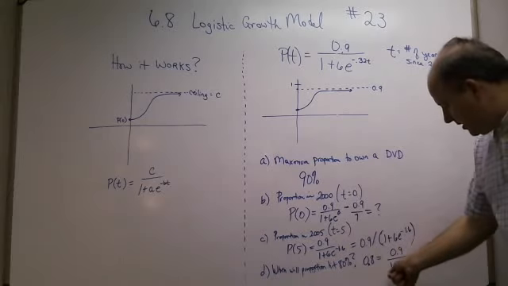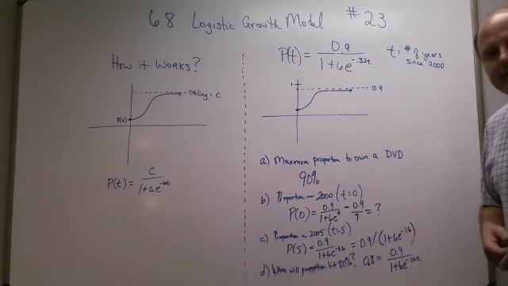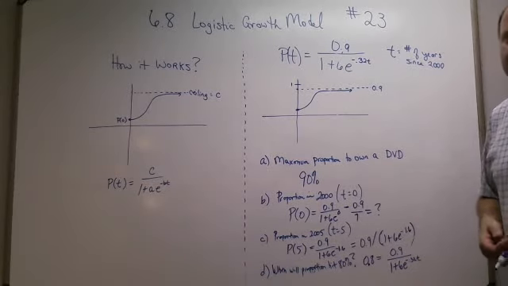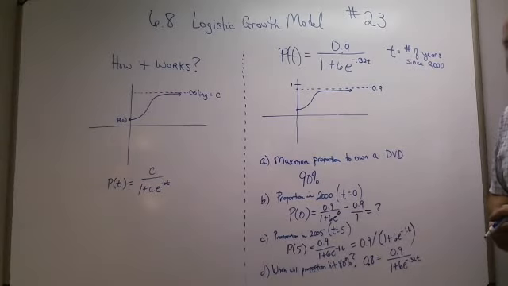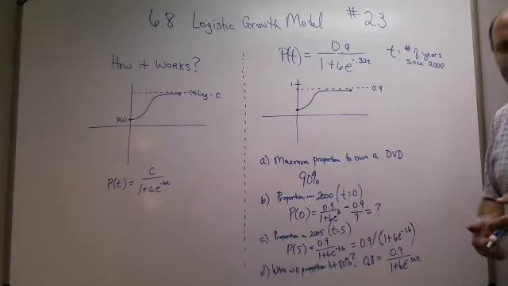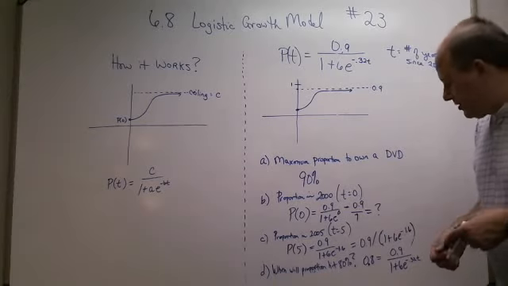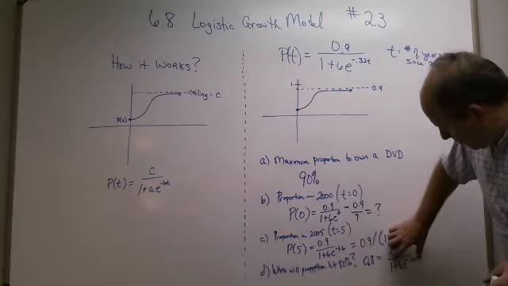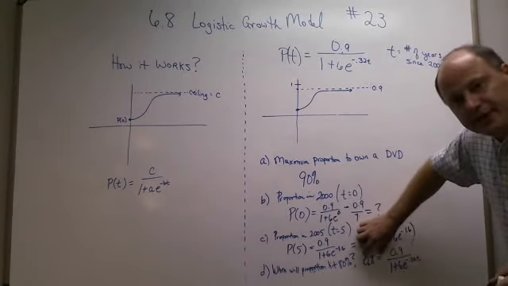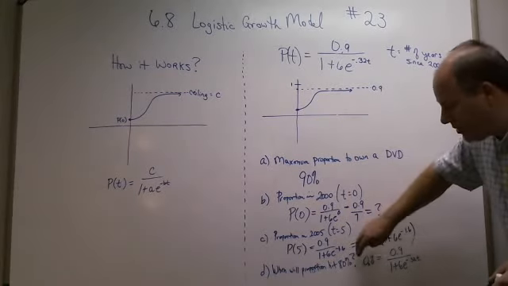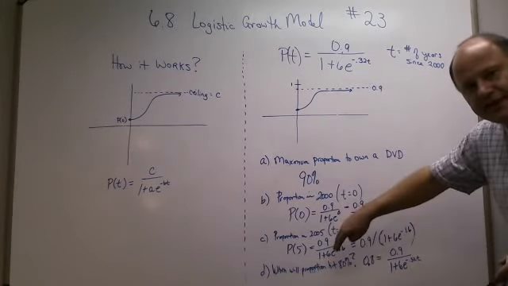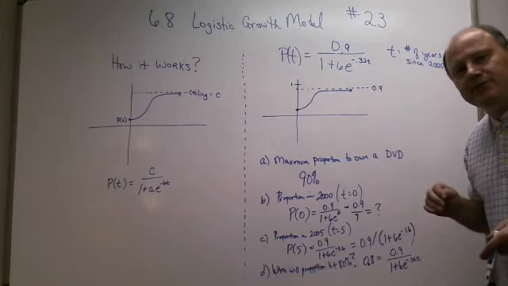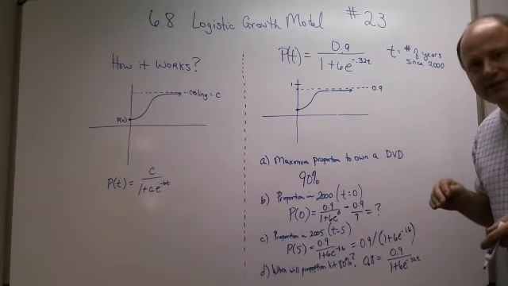Now in this problem, the calculations are a little harder. You need to move this to the other side, but you're going to have an exponential equation, and that means logarithms are going to have to be used to solve it. Because every time you have an exponential type equation, you've got to do that. So you move the denominator to the other side, move all the numbers to one side and the exponential on the other side. Once you isolate the exponential, you need to take the natural log of both sides.